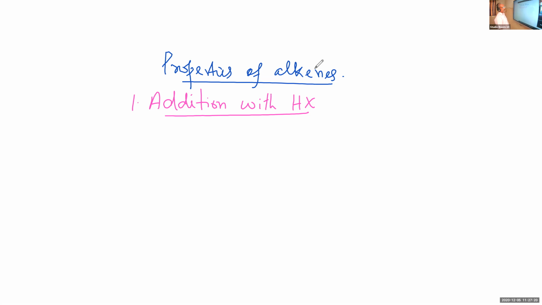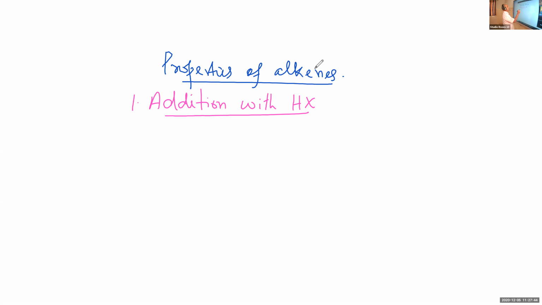It is some kind of combination reaction, which you studied in 10th standard. A single product is formed by the combination of two or more molecules of the same or different types. That's called the addition reaction.